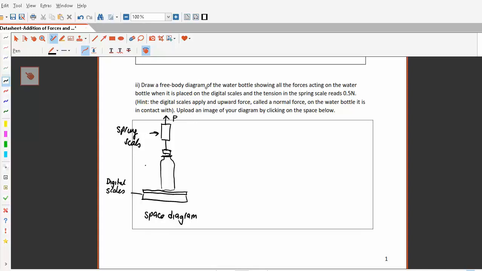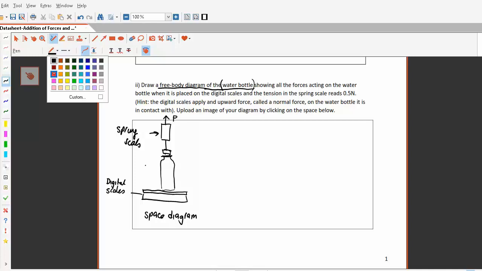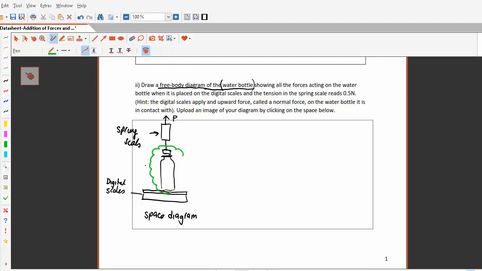It's pretty similar to what you would get if you took a photograph of the situation. Now what we need to do is draw a free body diagram of a specific object in the space diagram. In this case, the specific object is the water bottle. So we take the water bottle here and we imagine that we are isolating it. So I'm going to draw a bubble around here, and that is the part of the system I am isolating.